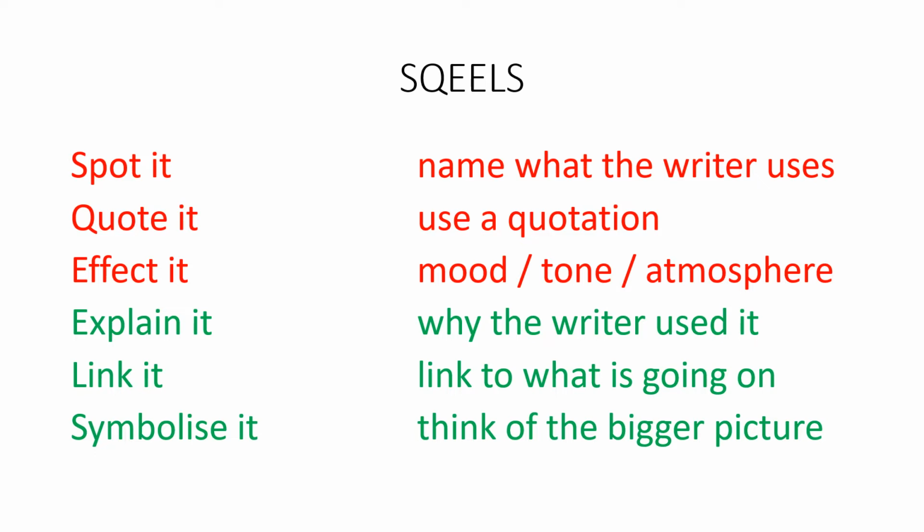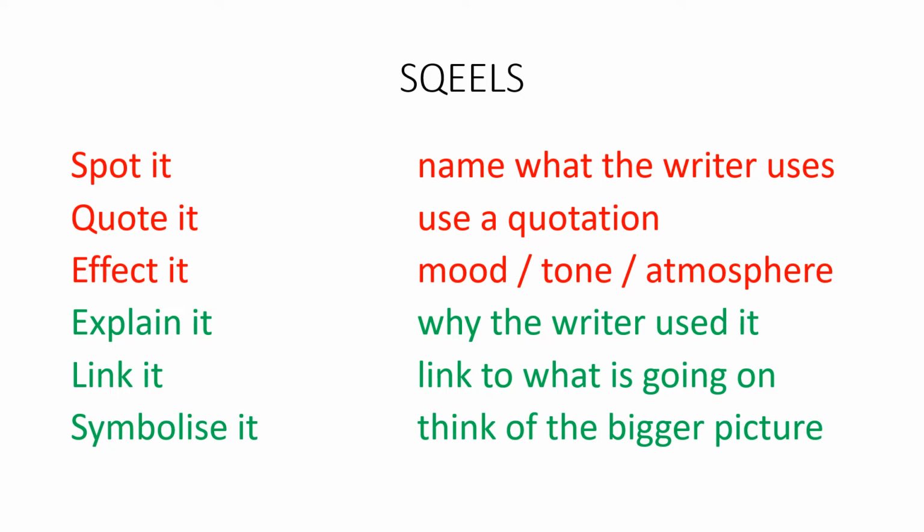The symbolize it. Now, this is where we're going a little bit further. This is where we think of the bigger picture. What does this little technique symbolize about the bigger world, about society? Is it a representation of how men and women are treated differently, so we've got gender? Is it a symbol of power?